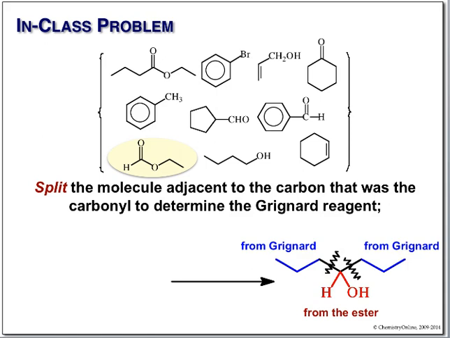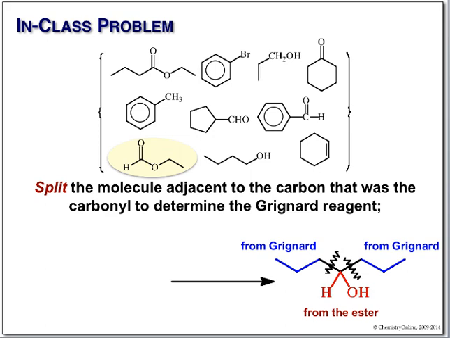So fast forward to Tuesday, very quickly, draw the structure of the Grignard reagent you need, and of course, the ester that we start with. Our Grignard reagent must have 1, 2, 3 carbons. This must be a bromine out here, or a chlorine.